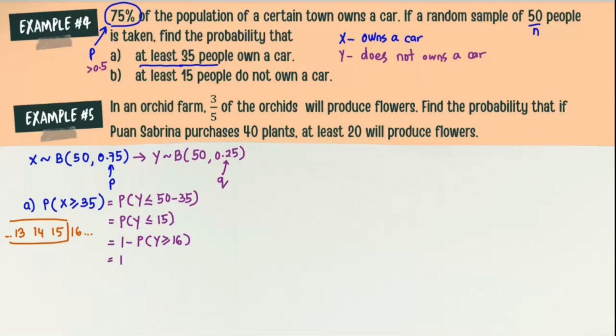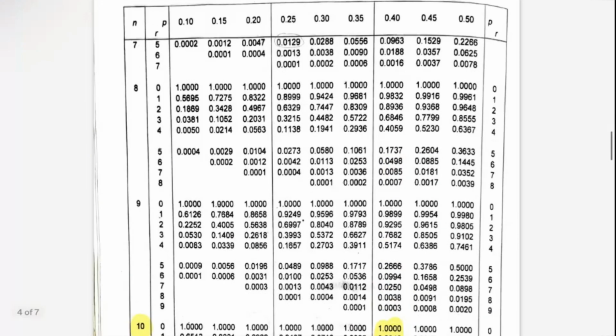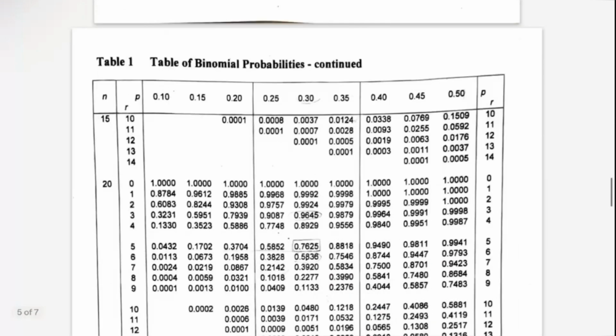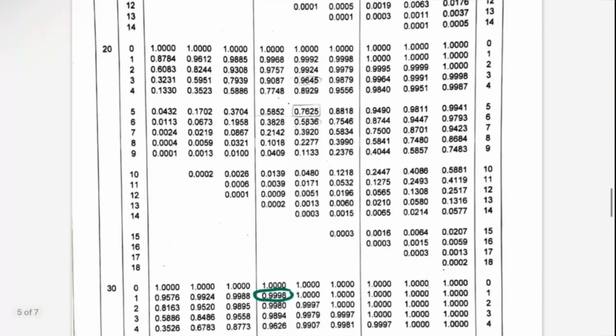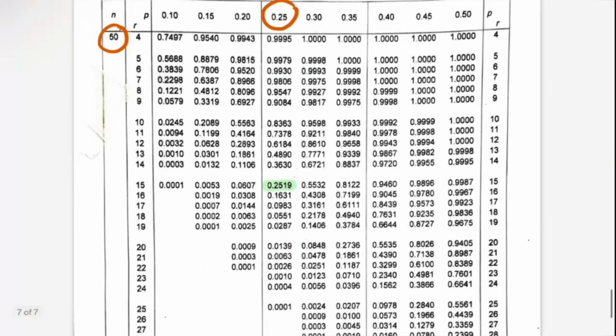So 1 minus... we refer to probability of success 0.25 and N is 50. Let's look at our binomial table. N is 50, 0.25, on the last page. Here, see? 0.25, 50.